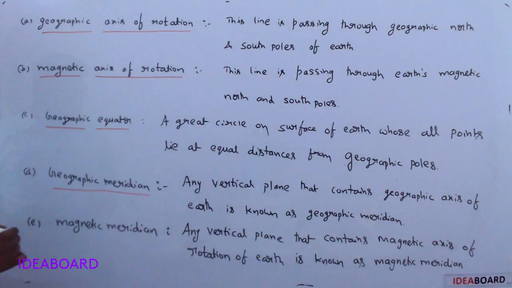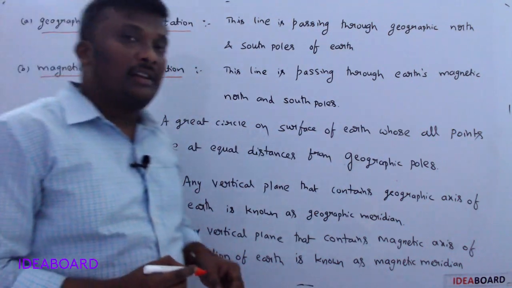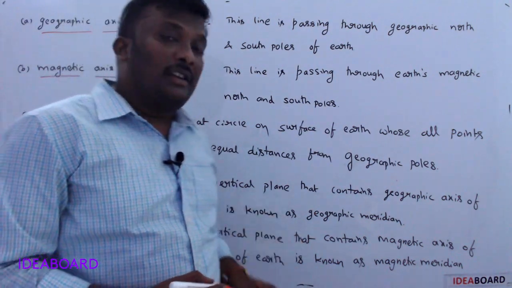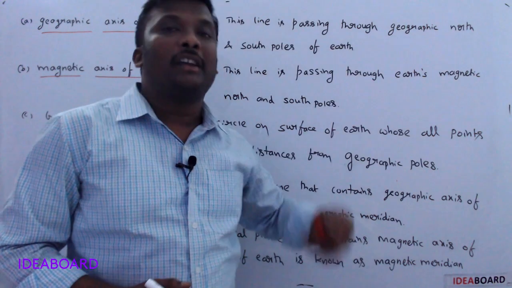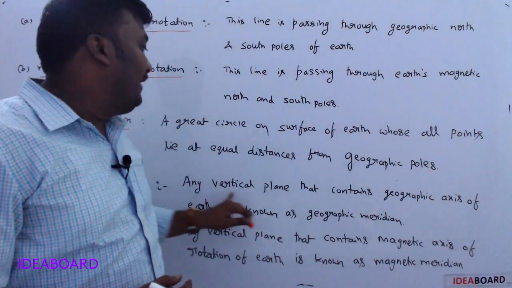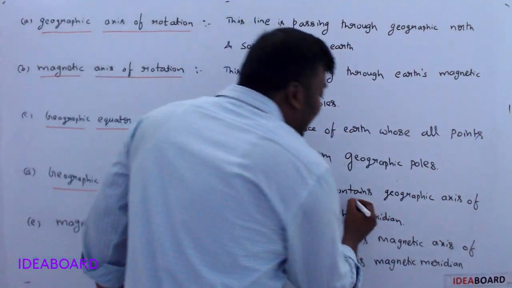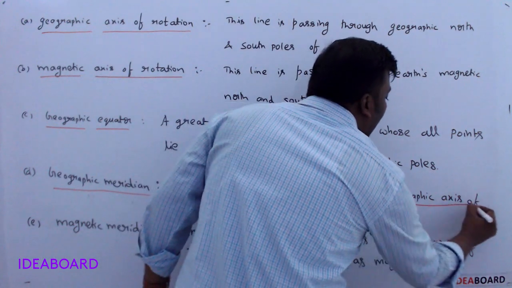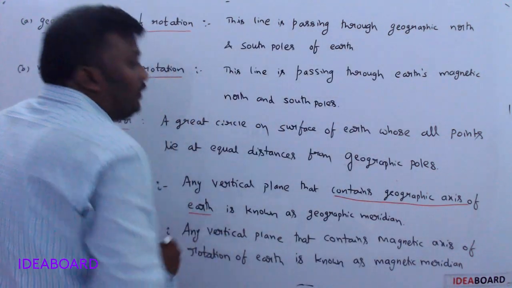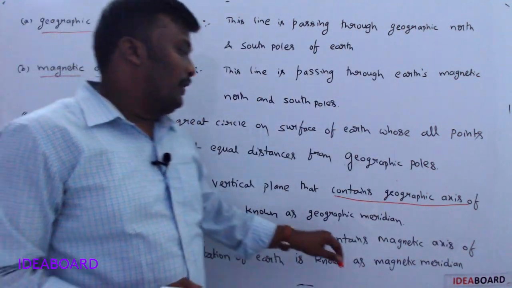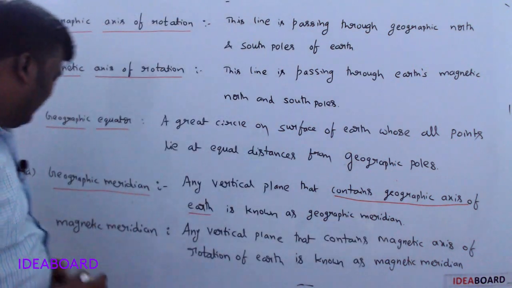And the next one, very important, geographical meridian: any vertical plane, not only a single one, anywhere you can take this plane. Any vertical plane that contains the geographical axis of rotation of the earth is known as geographical meridian.